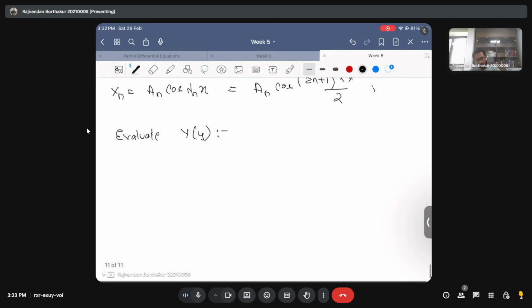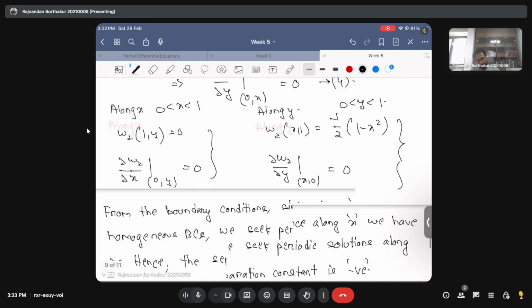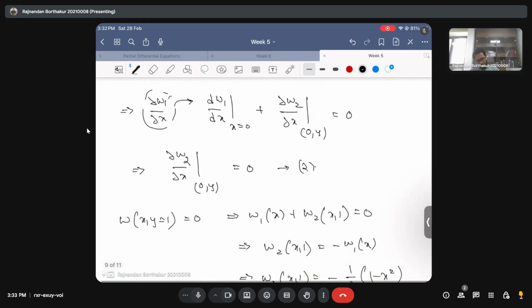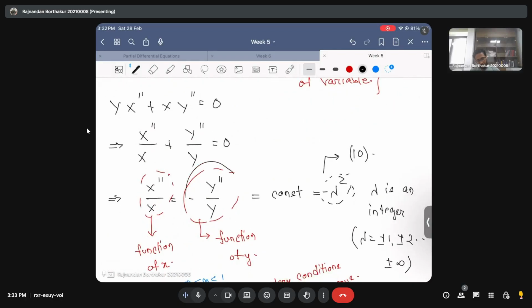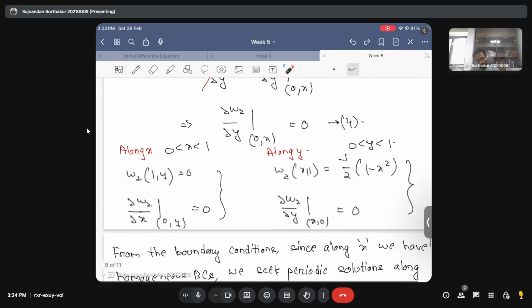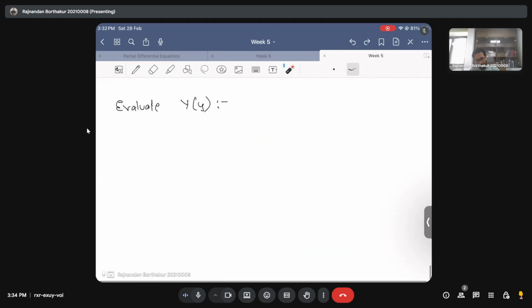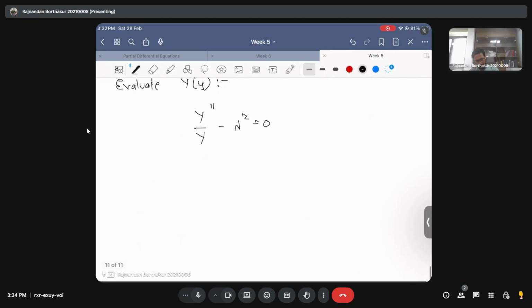Now let's see what Y satisfies. We had this equation, where minus Y double prime by Y is equal to minus lambda square. So it just becomes Y double prime by Y minus lambda square is equal to 0, which means Y double prime minus lambda square Y is equal to 0.